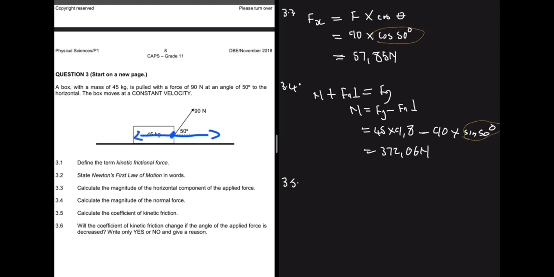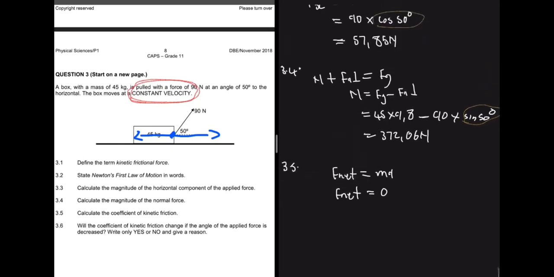But our question says that the box moves at constant velocity. What does constant velocity tell us? It tells us that F net equals ma, but because it's constant velocity, F net equals 0. What is F net? F net is the addition of all forces acting on the object.